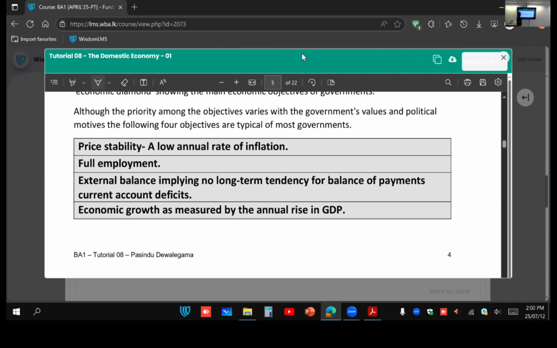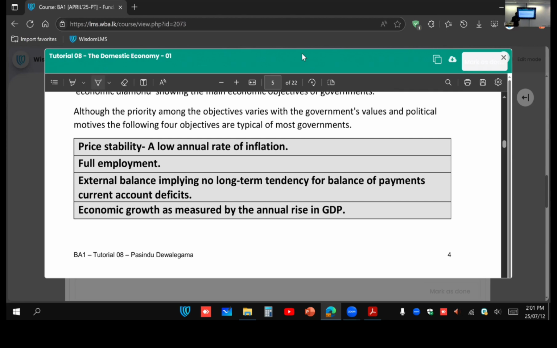The other part is GNP, not UNP, GNP. Gross national product. What's the difference in between? Gross domestic product is everything, the total of everything, goods and services produced within the borders of the country.